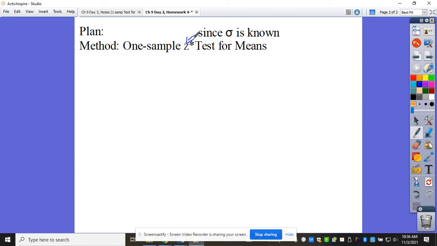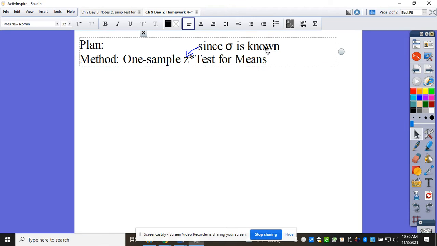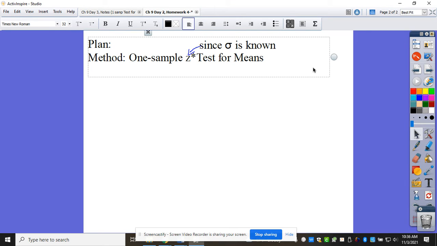So don't forget that part. Then what? What's my first condition? What's my issue here?